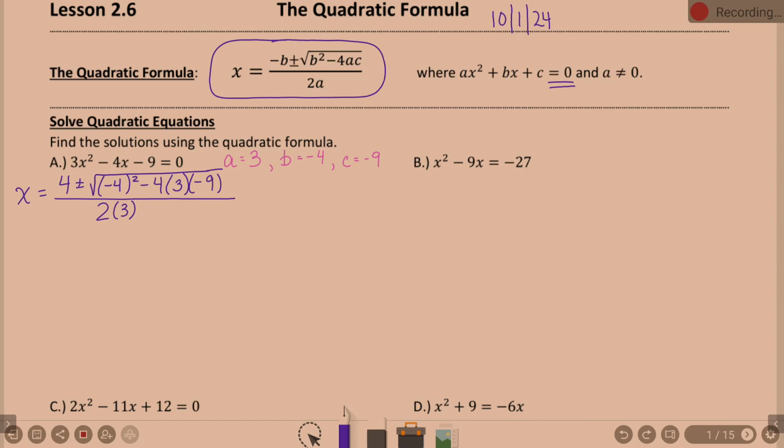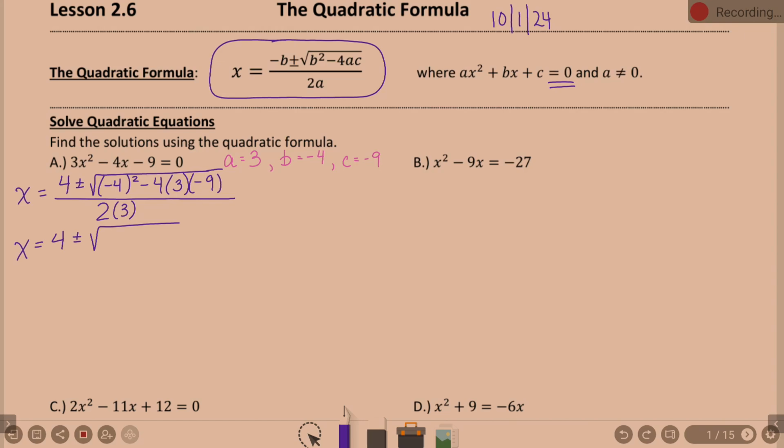Okay, let's start the cleanup process. Out front, that 4 is just going to stay 4. Plus or minus, negative 4 squared is 16. Now, if you are a calculator person and you put everything in the calculator, your call, your choice. I'm not saying you can't. However, beware.